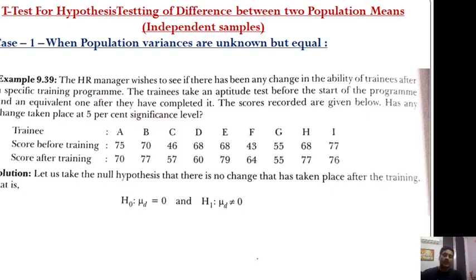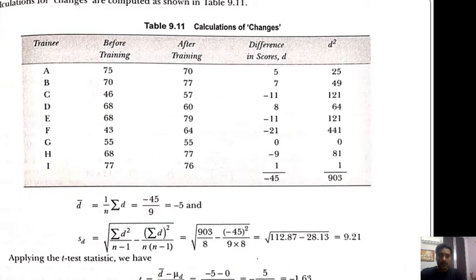Whenever you are given this kind of problem, before training and after training scores, you take the differences and square them, and your d bar would be equal to summation d upon n. This is the simple formula to find the mean, and your standard deviation of these differences would be the square root of summation d square upon n minus 1, minus summation d whole square upon n into n minus 1. So this is your s d. Now the t statistic here would be t is equal to d bar minus mu d.